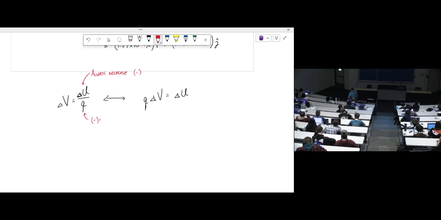So a negative divided by a negative charge means that the change in potential over here is going to end up being positive, meaning that negative charges will increase potential spontaneously. Does that answer your question? Yep.